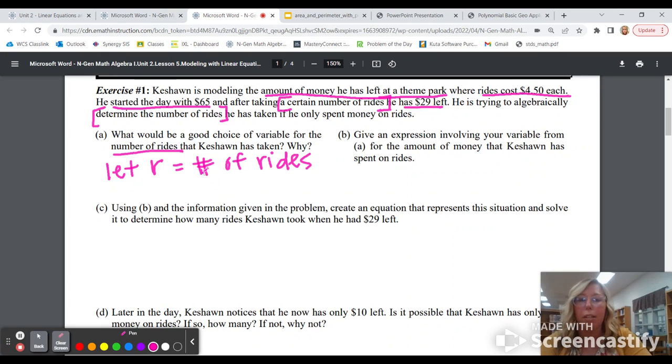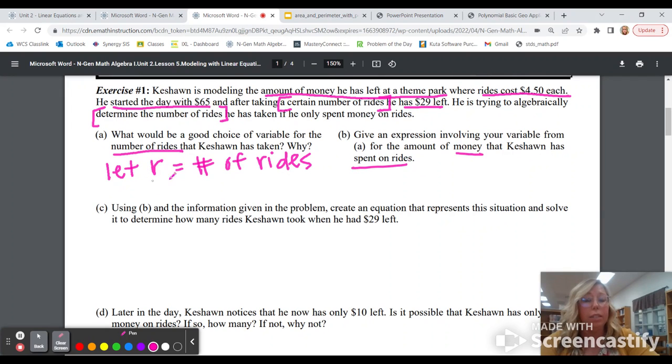Going back up to your steps in that box above. It says give an expression involving your variable from A, so the variable R, for the amount of money Keyshawn has spent on rides. So money on rides goes back up to where it says rides cost $4.50 each.